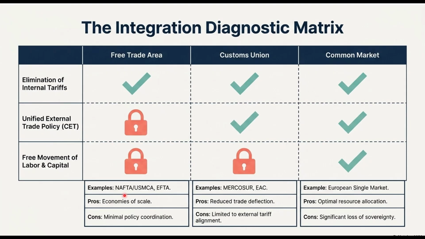All the examples, pros and cons are given here. For free trade area, pros are economies of scale and cons are minimal policy coordination. For customs union, it reduces trade deflection; cons are limited to external tariff alignment. And for common market, it is optimal resource allocation, and a significant loss of sovereignty.